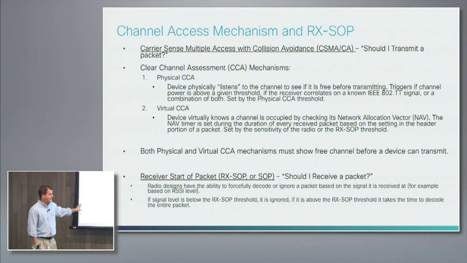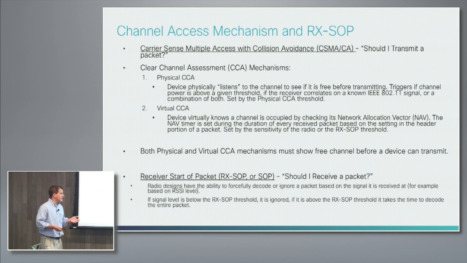Now, a receiver start-of-packet is more about, should I receive a packet? As a packet comes into a radio, it sees a bunch of energy and immediately kicks up its AGC and its decode state machines for the packet. It has to quickly decide, based on what type of energy it sees and at what level, "Should I spend time trying to decode this whole packet?"